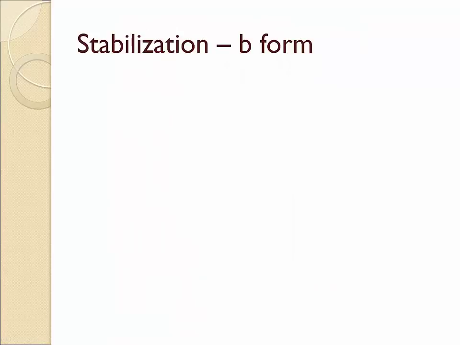So since we have these different states and we know their relative activity, we can talk about how those states are controlled. So let's look at the B form. When you're at rest, most of the phosphorylase in your muscle is in the B form. Now normally that means you're not breaking down glycogen, but B can be stabilized to an active state, the R state.